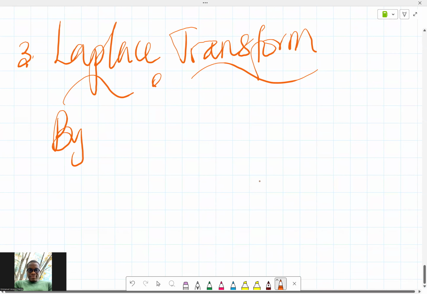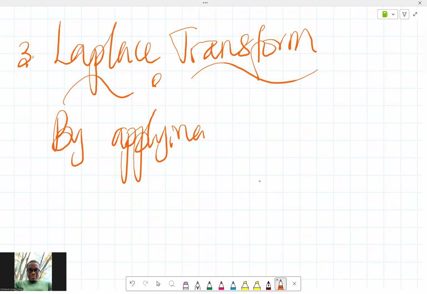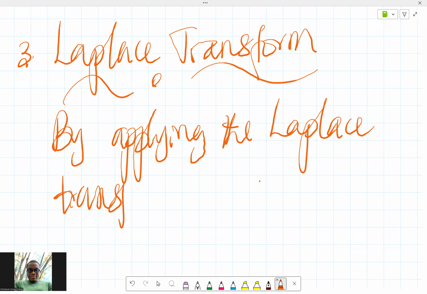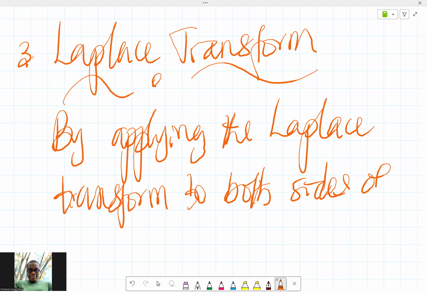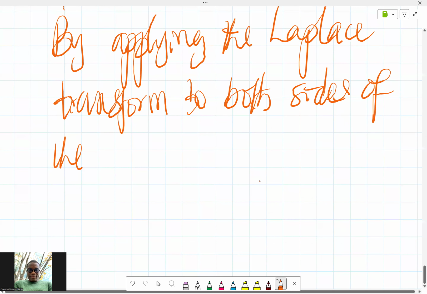Okay, so look out for that. By applying the Laplace transform to both sides of the system, any non-homogeneous system you are given, you convert the differential equations into algebraic equations.